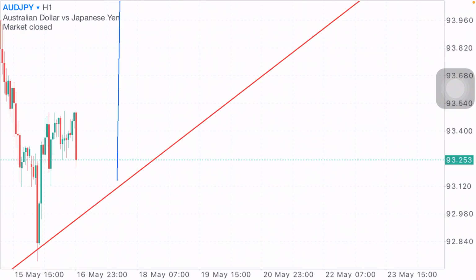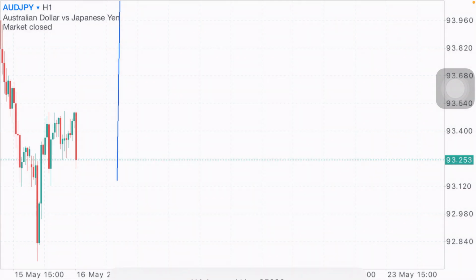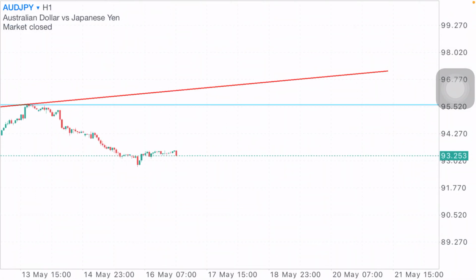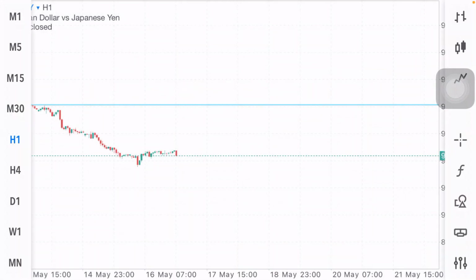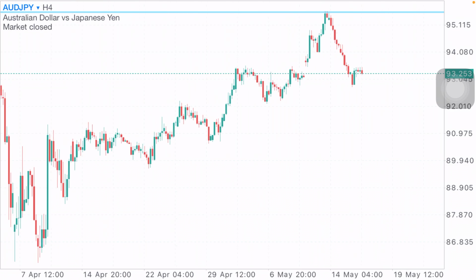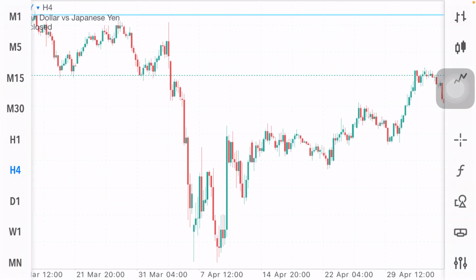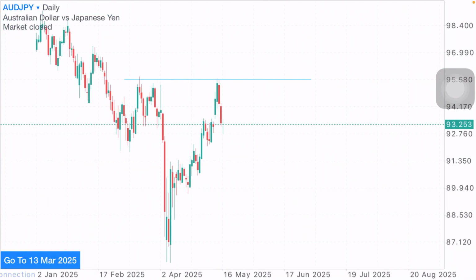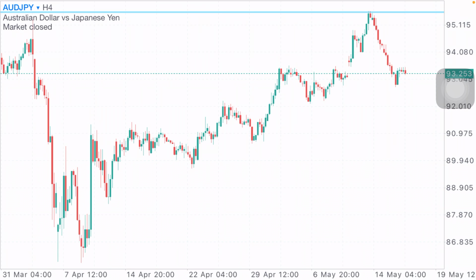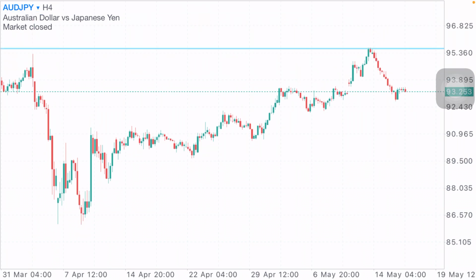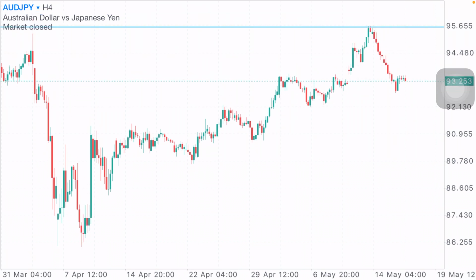So let's move to our next pair, which is gonna be AUDJPY. AUDK and AUDJPY are just the same, right? They're just the same. Look at this, they're just the same. So even on AUDJPY, we're gonna do the same.